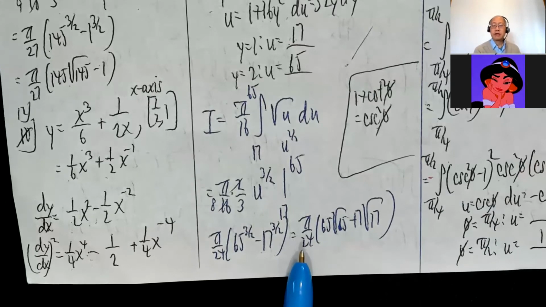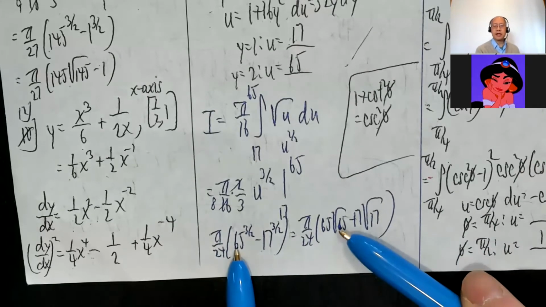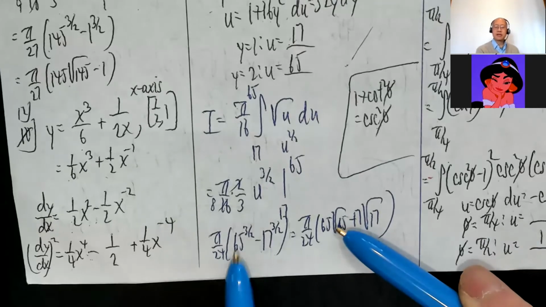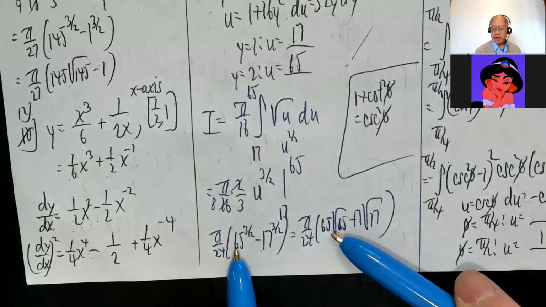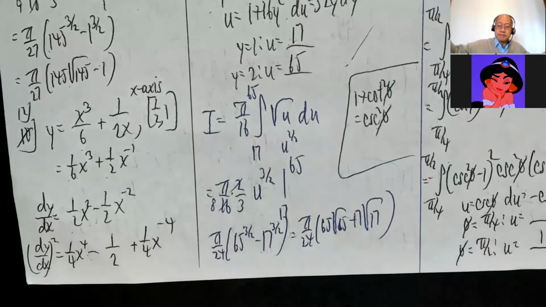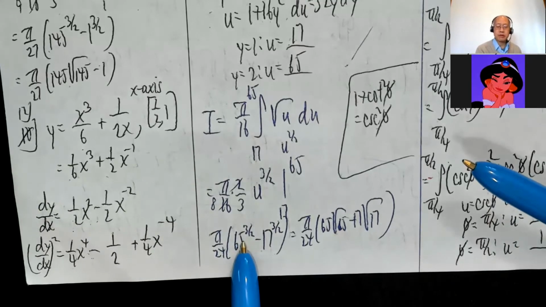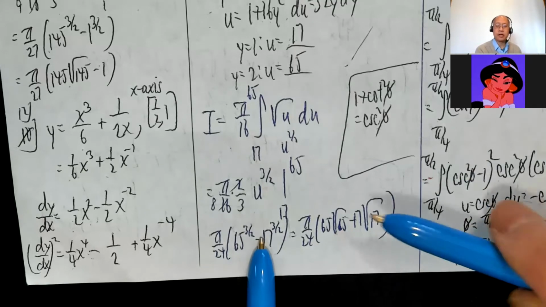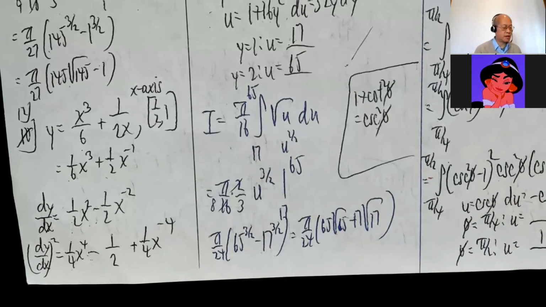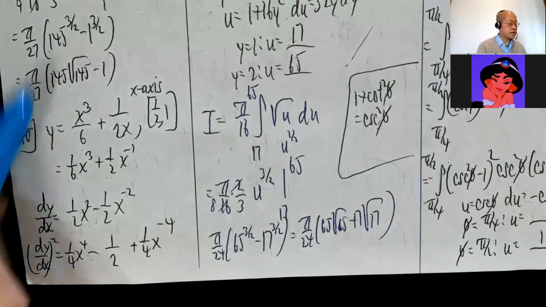A random person may not be taking calculus, and if you ask them which of these they understand, they're more likely to understand this than this. 65 radical 65, okay, I think I got it. 65 to the 3/2, a lot of people don't know that. Even people who've taken math may not remember that. And likewise, 17 radical 17. So yes, I did a mean trick, but that takes care of that.